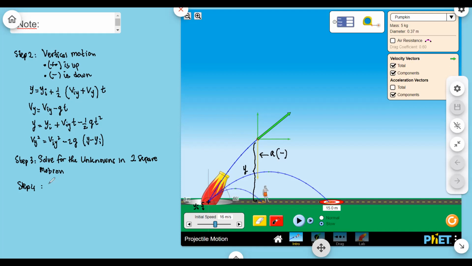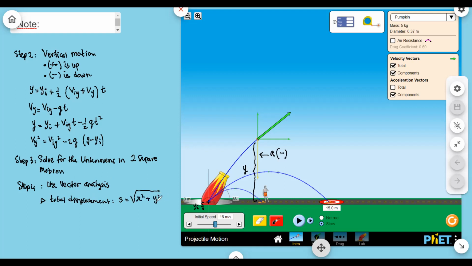Now, step number 4 is to use the vector analysis. For example, if you want to find the total displacement, the total displacement is S equals the square root of X square plus Y square.